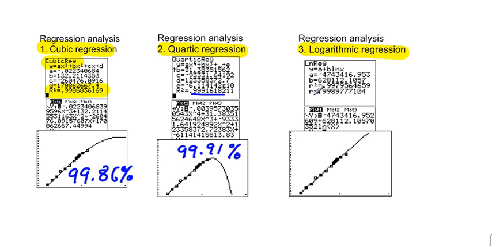And then the logarithmic regression gave us 99.89, almost 99.90%. So they all are very close.